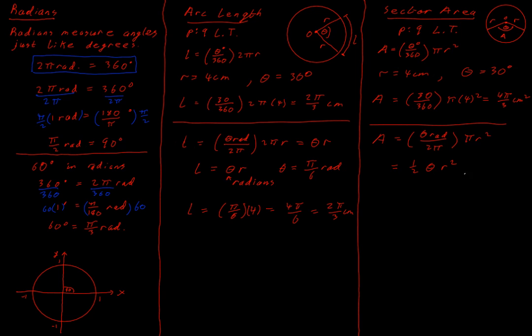And again, our r is going to be 4 centimeters, and our theta, if we do our conversion, is going to end up being pi all over 6 radians. Because we're in radians, we can use this nicer formula. The area of our sector is going to be a half times pi over 6 times 4 squared. And that simplifies down to 4 pi all over 3 centimeters squared. So they give you the same answer.